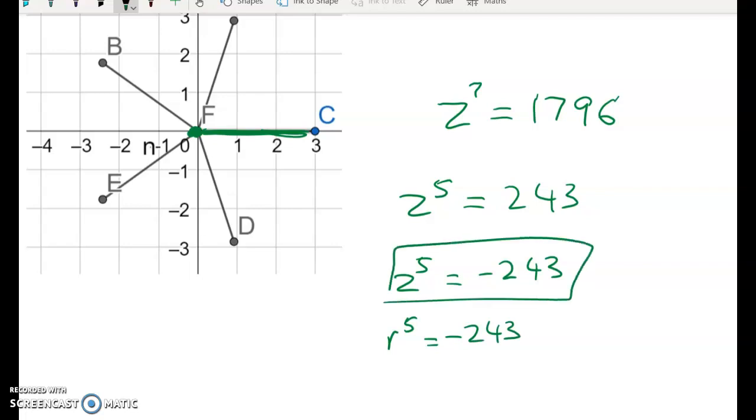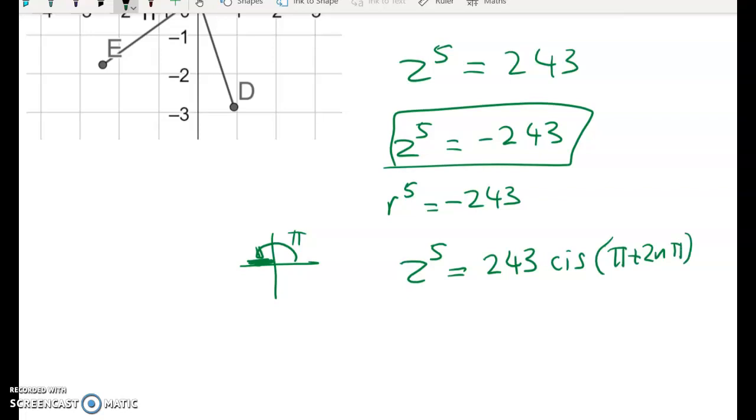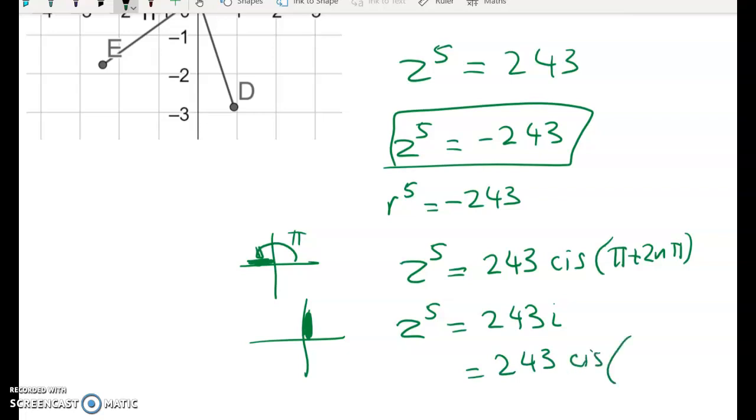So the way that we deal with negative numbers is that we would go z to the 5 is equal to 243 times, to make that negative, we need to have an angle of pi. So it would be 243 cis pi plus 2n pi. Similarly, if we had z to the power of 5 is equal to 243i, so we're starting up here, we would set the problem up as 243 cis pi on 2 plus 2n pi.